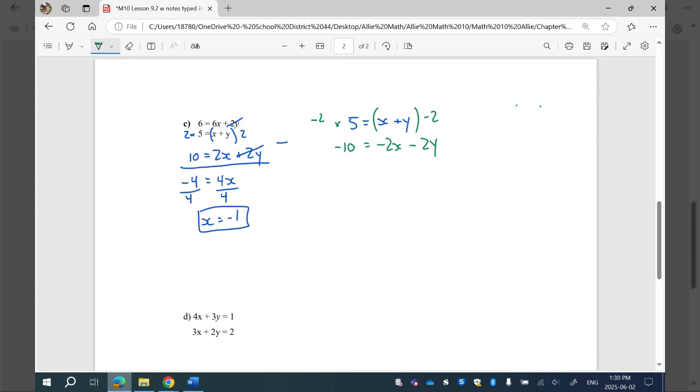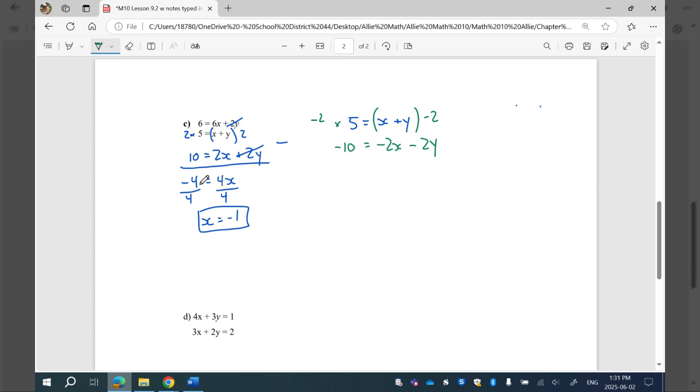And then if we want to add it to our other one, we would have positive 2y plus -2y gives us 0. 6x plus -2x gives us 4x. And 6 plus -10 gives us -4. So we still end up there, but maybe you like that a little bit better.